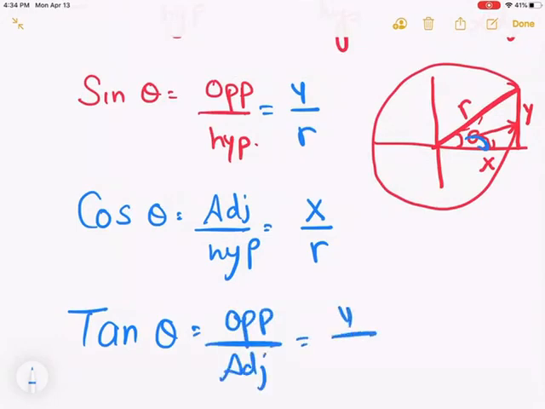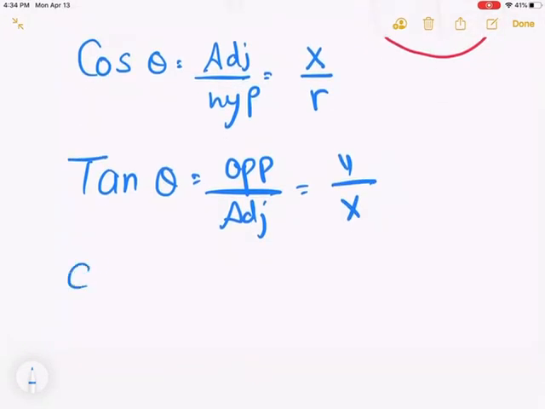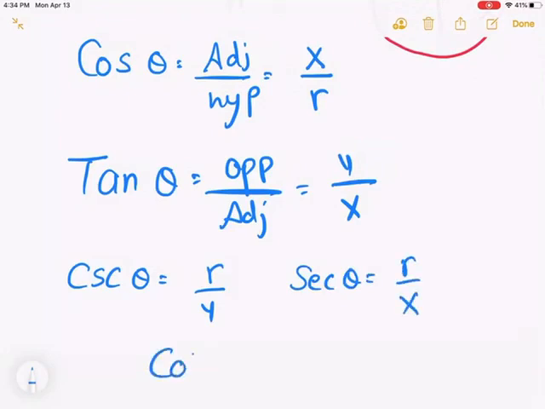It's y over x. Once you know these ratios, you can still figure out the reciprocals by just flipping the fraction. So cosecant theta would be r over y, secant theta would be r over x, and cotangent would be x over y. Here you go.